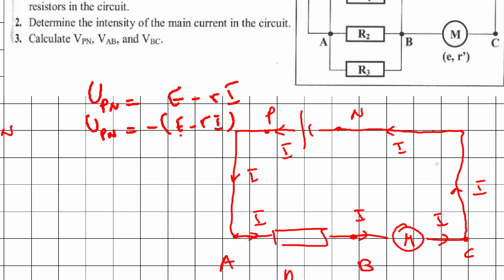Since it's a generator, we should oppose the direction of the current. So in this case, the plus sign would be from P to N, and if we are moving in the direction of the current, it would be the minus sign.